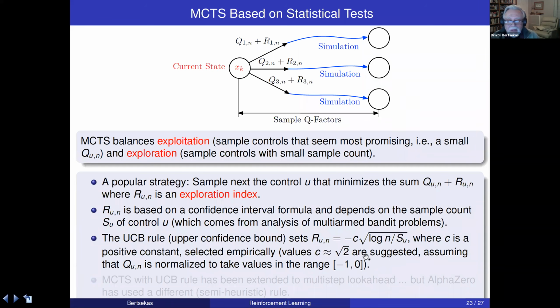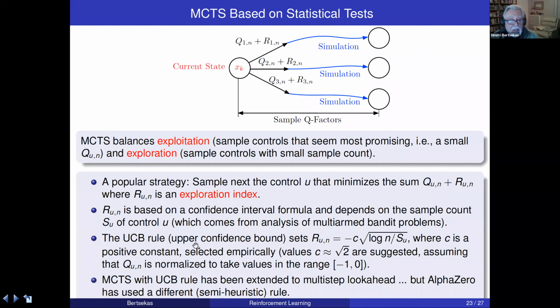However, people play around with other values also, assuming normalization. There are a number of rationales here for selecting C and also for this formula. Upper confidence bound rules have been extended to multi-step look ahead.